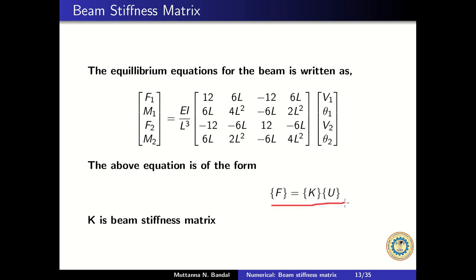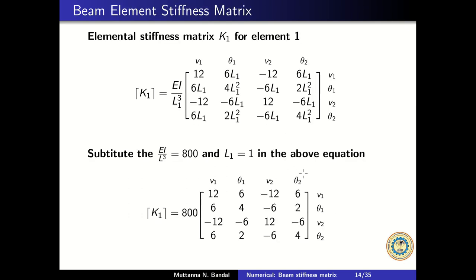So this is the equilibrium equation, F is a load vector, K is a stiffness matrix, V is a displacement matrix. This is only for one element, but since I have two elements, there are 6 nodal load parameters, 6 displacement parameters, and a 6 by 6 stiffness matrix.